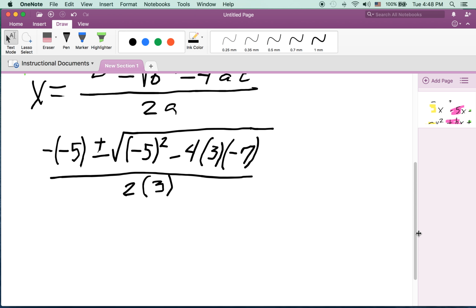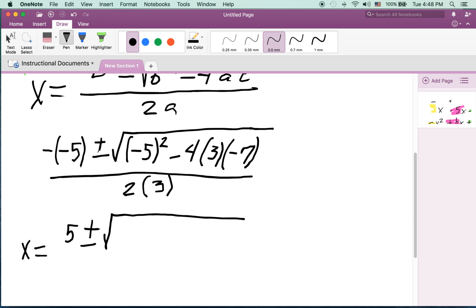Okay, so we can just evaluate this numerically. We're going to think about sign arithmetic. So minus 5 is plus 5, plus or minus. The only problems here are really sign arithmetic. Minus is plus. A negative times a negative is a positive. So negative 5 times negative 5 is positive 25.